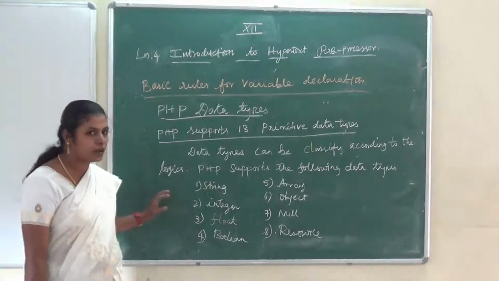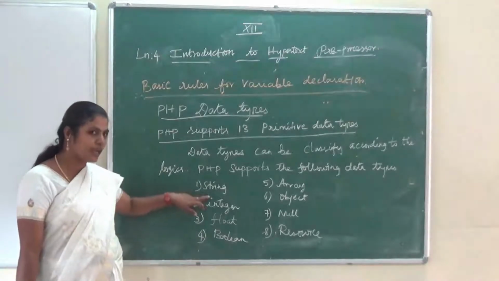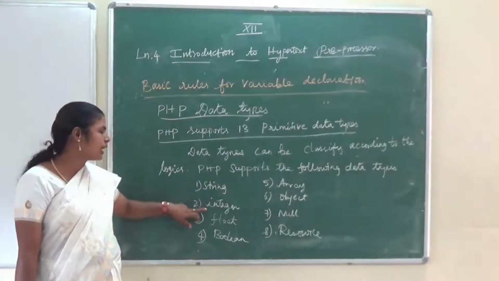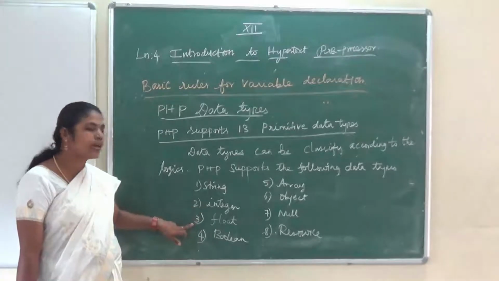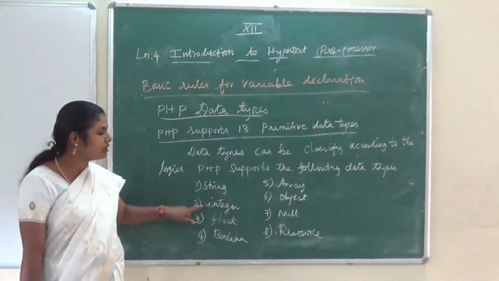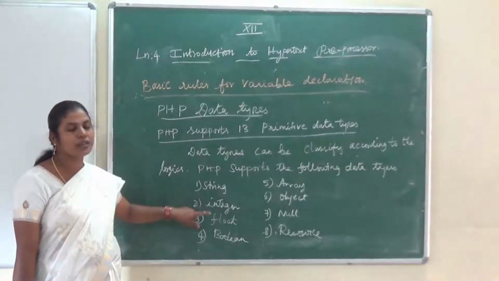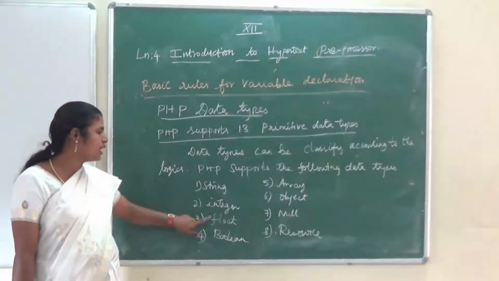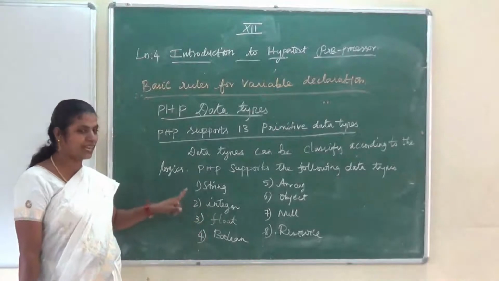Okay, what are the data types? Shall we see? First one string, second one integer, third one float, fourth one boolean. When we studied HTML and then Java, C++, we already studied all the built-in data types like integer, float, character.